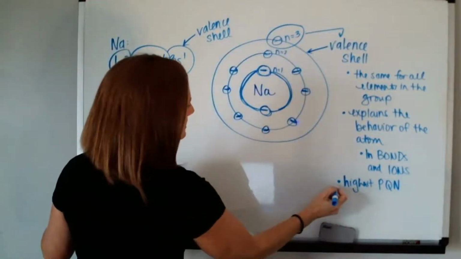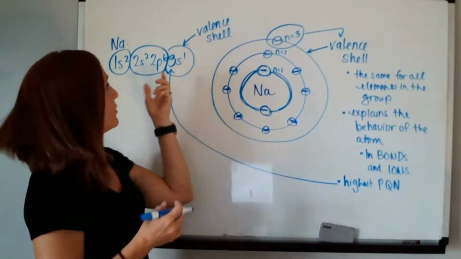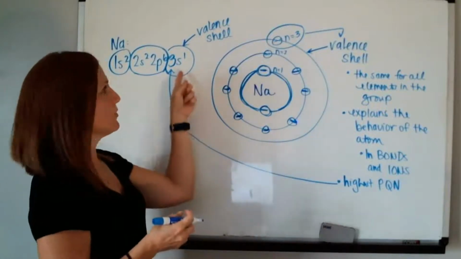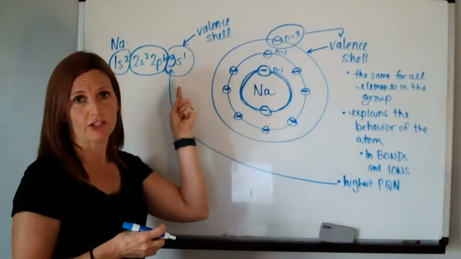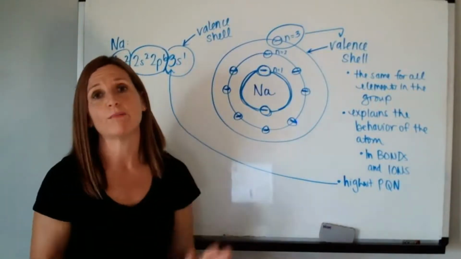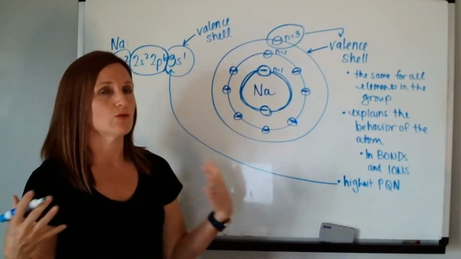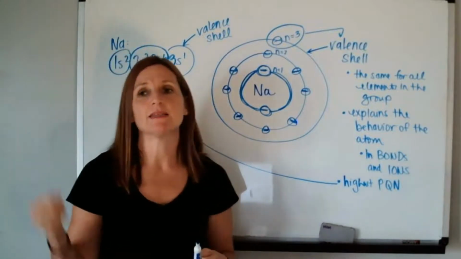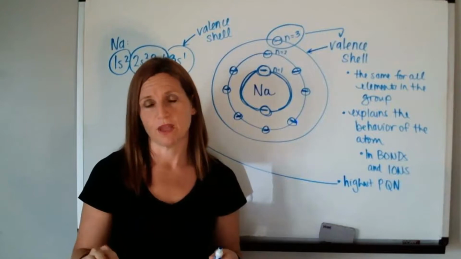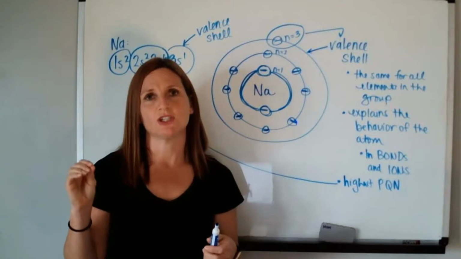With my highest principal quantum number, I can recognize that there's one electron in my valence shell, both from looking at the highest principal quantum number of my electron configuration and by looking at the outermost ring of electrons on my Bohr model. So both of these things help me to know the outermost group. An atom is the most stable if its valence shell is full, a full octet, a stable valence shell.